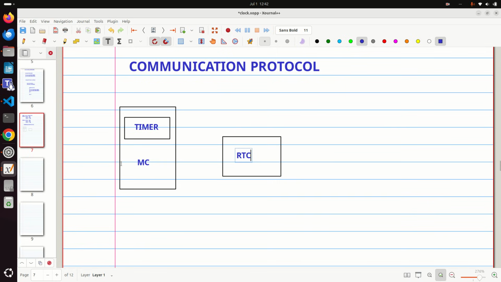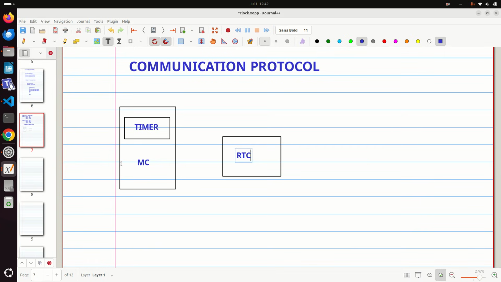So now assume the microcontroller is in sleep mode. The microcontroller is sleeping. So who keeps track of the time? RTC. So at exactly 9 a.m.